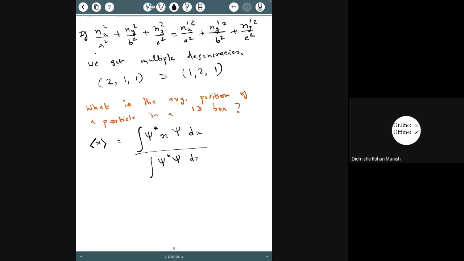Now, if this is a normalized wave function, you already know that this is 1. If it is not normalized, so if you're given an arbitrary wave function which you can see is not normalized, then you have to evaluate psi star psi as well.